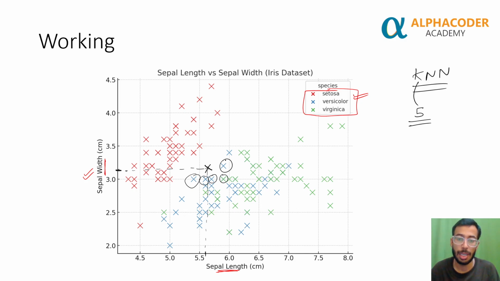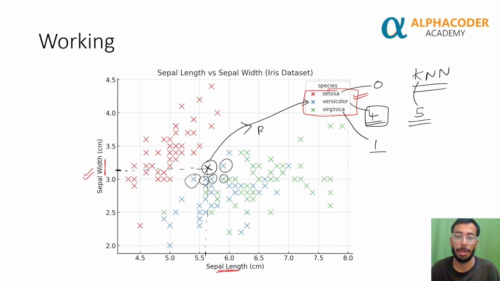Now if I try to see what is the result that I have got, in total there are 4 blue points, 4 nearest data points that are of color blue, and 1 is of the color green, and 0 of the color red. So it means on the majority side the blue is leading. It means that the unknown data point that I need to classify, this black cross, will belong to versicolor, would actually be a blue cross.